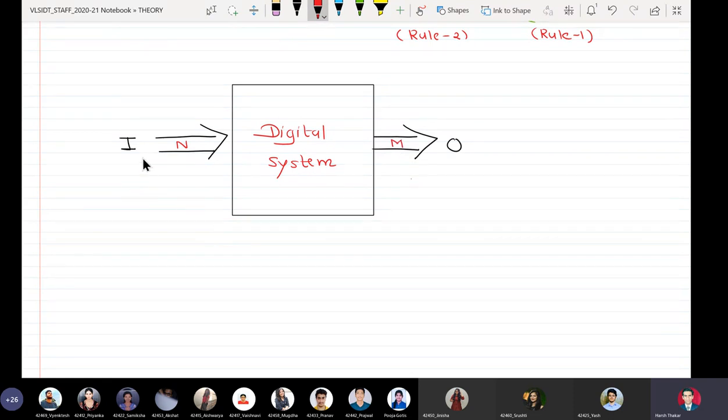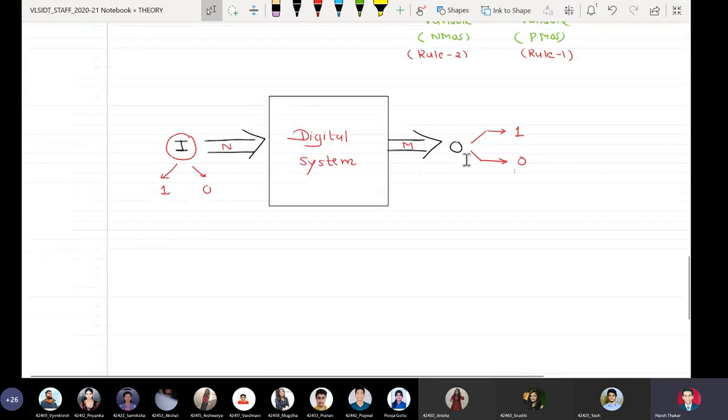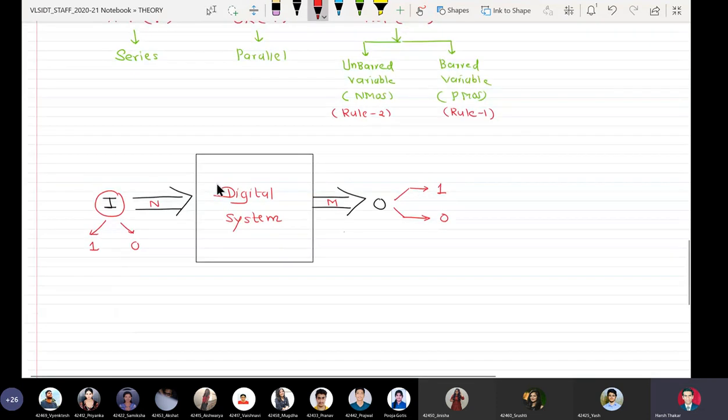Okay, so we know that these n inputs can be either logic 1 or logic 0. Similarly, I know that my outputs can be either 1 or 0. So who can tell me what actually makes it possible that the output of a digital system becomes 0 or 1?